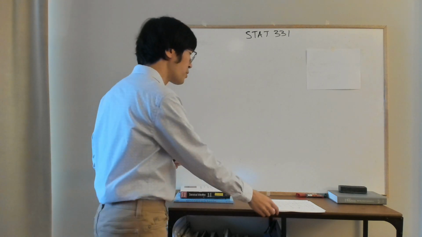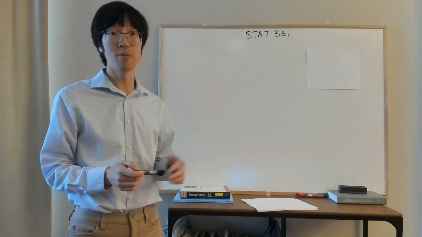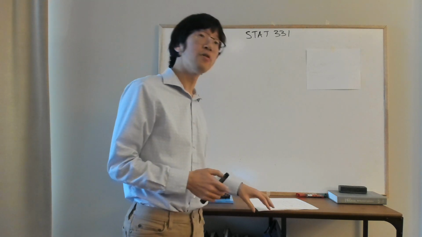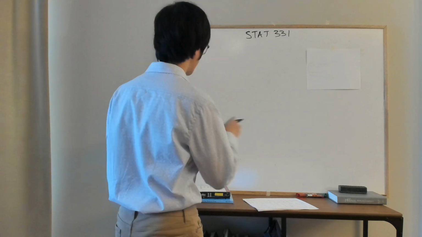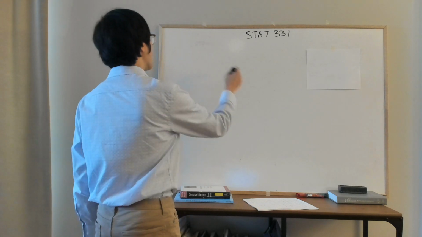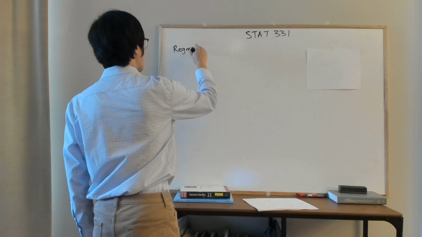So the focus of this class, I mentioned, is linear models, but it's helpful to think of, well, what is regression in general. So here's our working definition for it.